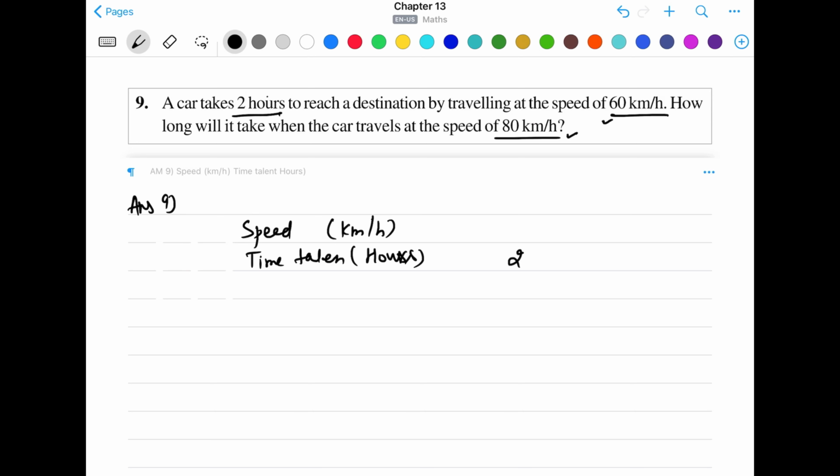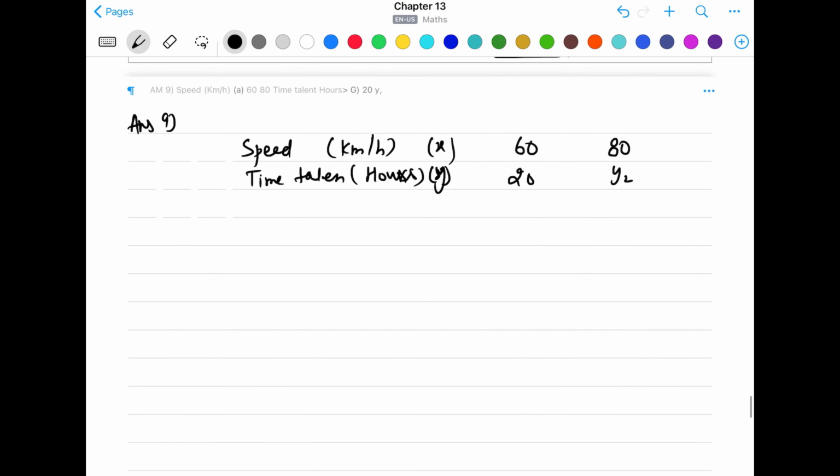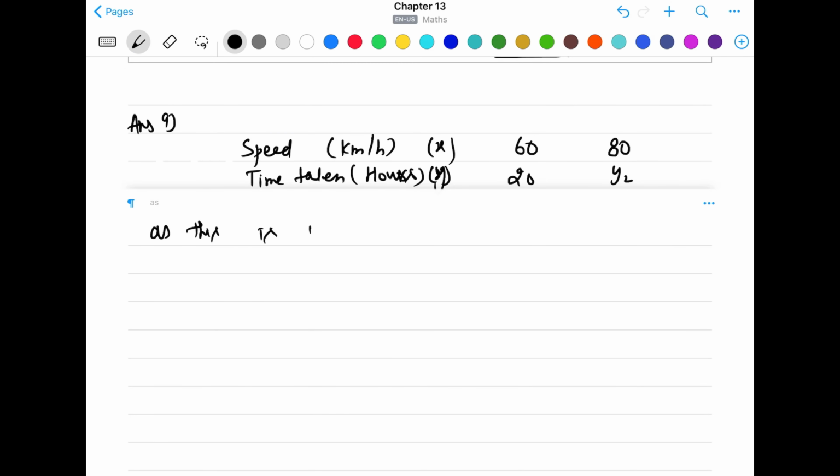In the first case it takes 2 hours when the speed is 60 kilometers per hour. We have to calculate how much time it will take when the speed is 80 kilometers per hour. That means we have to calculate y2, considering these as the value of x and these as the value of y. So we'll write this is the case of inverse proportion.